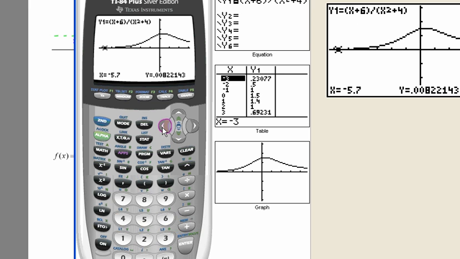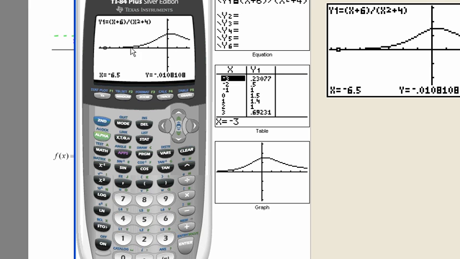I'm still above the y-axis. Notice at -6, it's on the y-axis. And when I go beyond it, it's below it. So what happens is our graph goes to the -6, crosses over, and then it's going to ride right below that asymptote. Can't really see it very well, but it crosses at -6, and then just rides right below it.